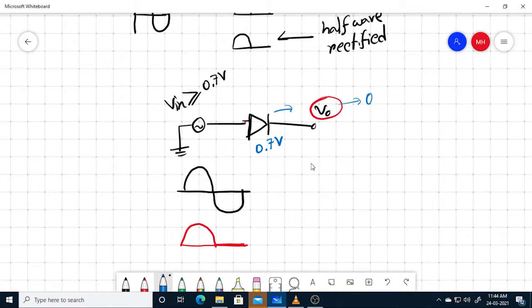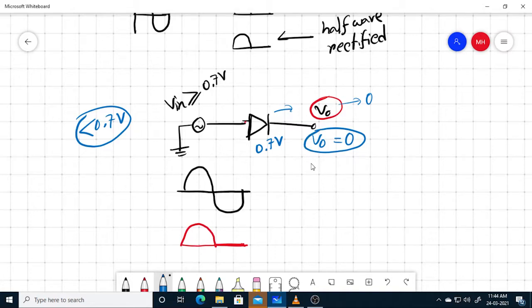then the V0 will be 0. So if the V in is less than 0.7 volt, then there will be a problem, because for the positive or negative input, the diode will not allow the input to pass through, so the V0 will always be 0.